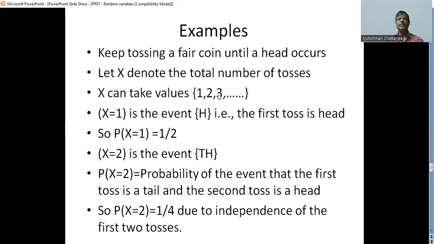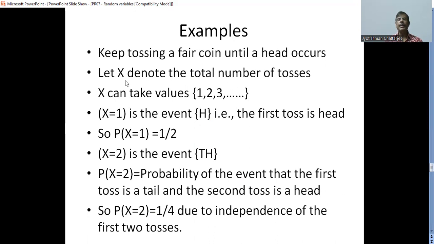Consider another example. We have already seen this example. Keep on tossing a fair coin until a head occurs. We know already that this experiment has infinitely many possible outcomes.